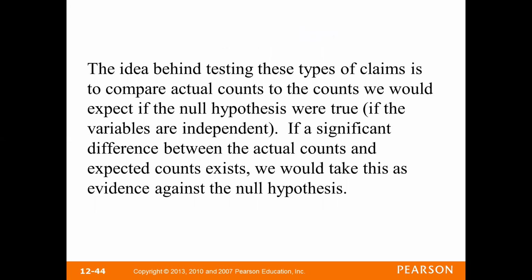The idea behind testing these types of claims is to compare actual counts to the counts we would expect if the null hypothesis was true. In other words, if the variables are independent. If a significant difference between the actual counts and expected counts exists, we would take this as evidence against the null hypothesis.